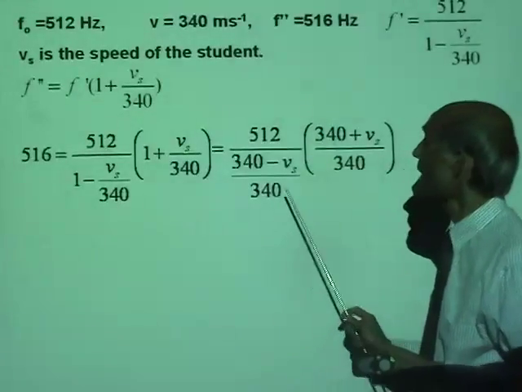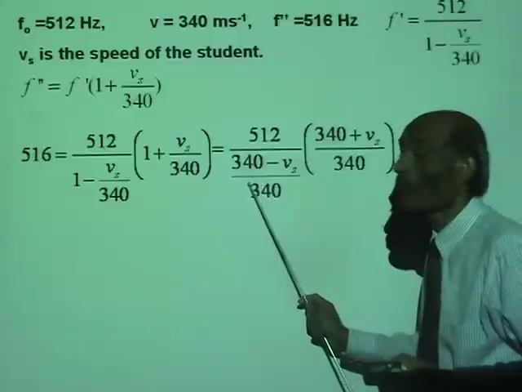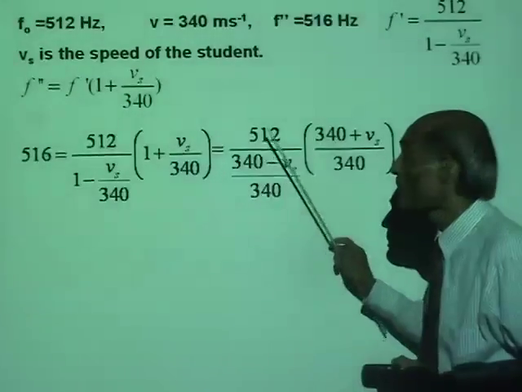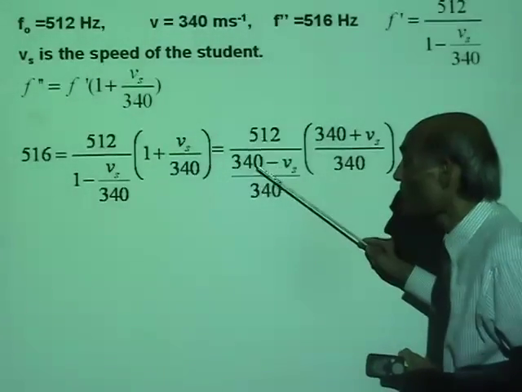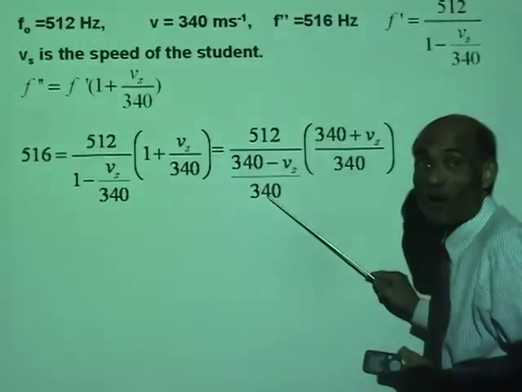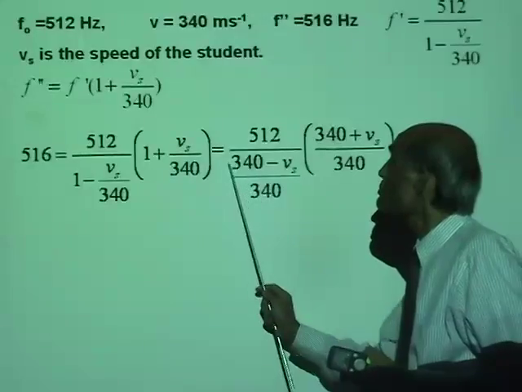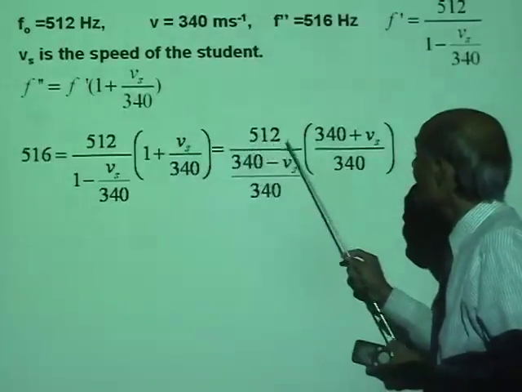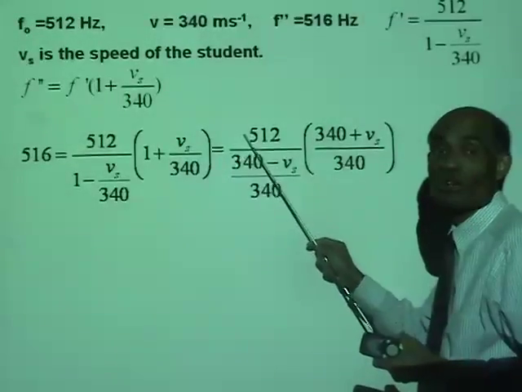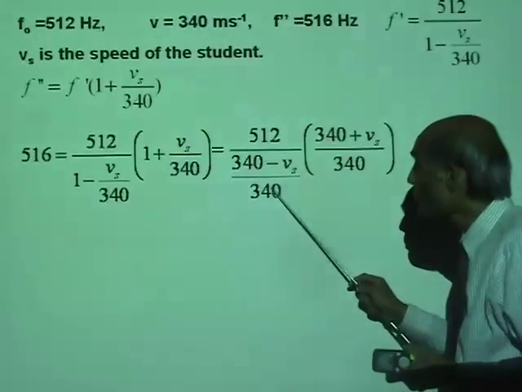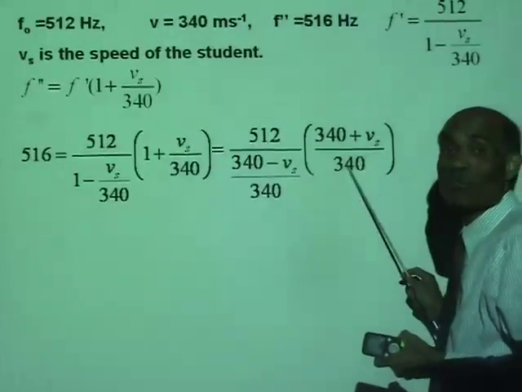Okay, can you simplify this? Where does this 340 belong to? You see, a number divided by a fraction. This will now go to the numerator. And when this goes to the numerator, that will cancel with this 340. So actually, this 340 will cancel with that 340.